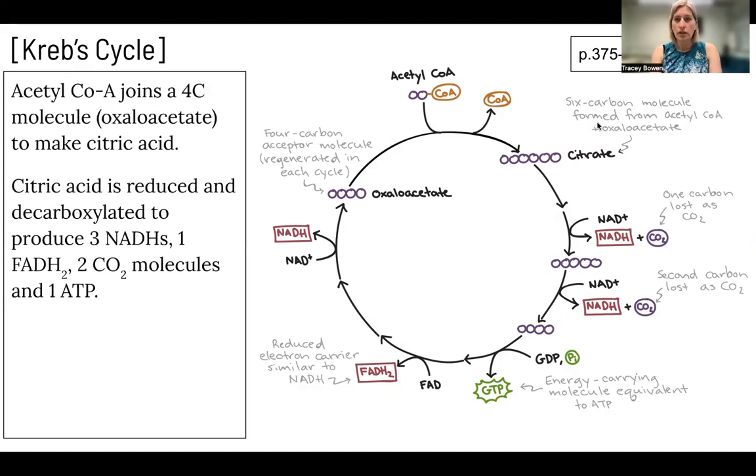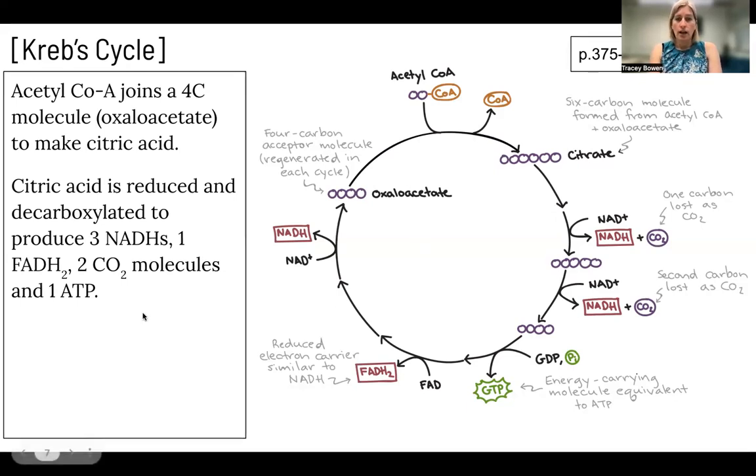So in the process of making ATP and NADHs here, citric acid undergoes decarboxylation, and it's going to make a NADH. And then the 5-carbon chain is going to go through decarboxylation and make a NADH. And now it's back to 4 carbons, but it's not structurally the same as oxaloacetate, so it needs to restructure a little bit.